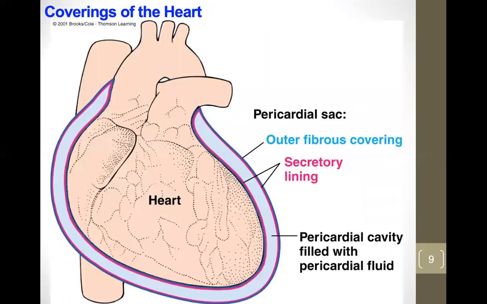Now, the heart itself, as with all of our organs, is covered in a covering that allows us to keep things in place within the body. We have this lining that will cover it, and this lining actually folds over on itself to create a sac that's continuous all the way around.